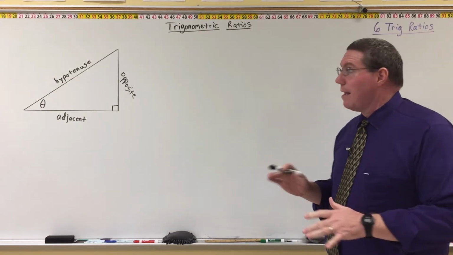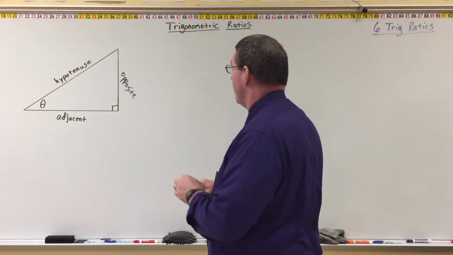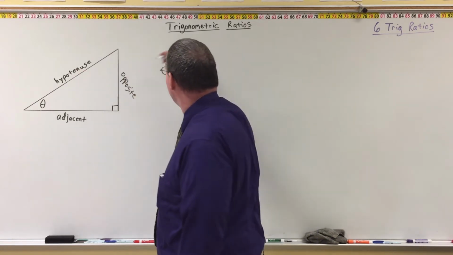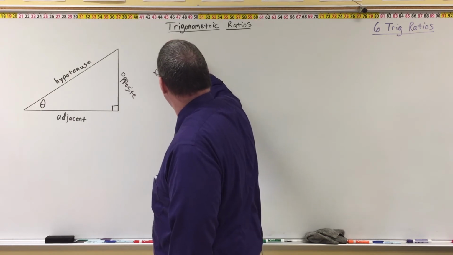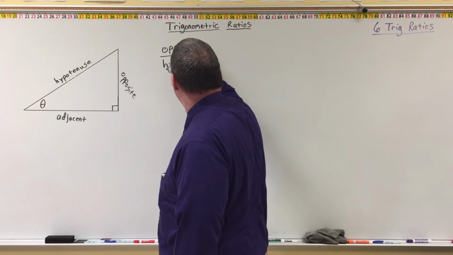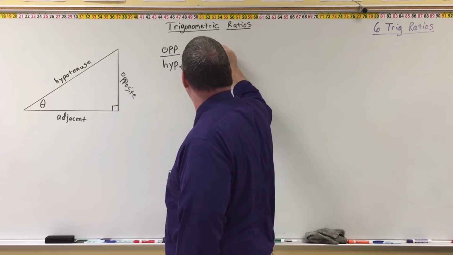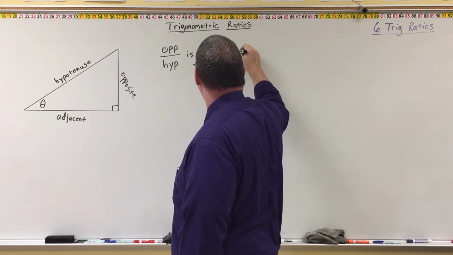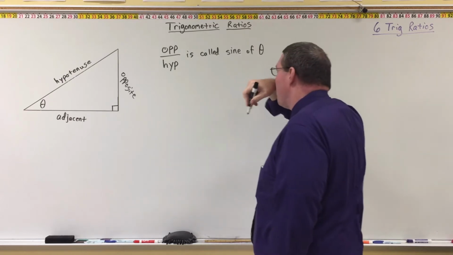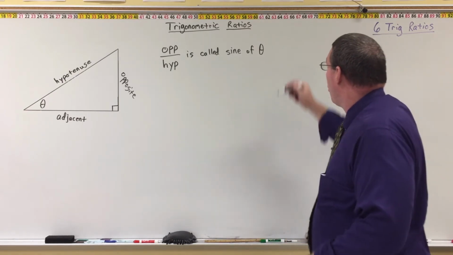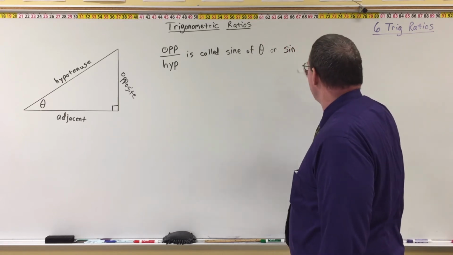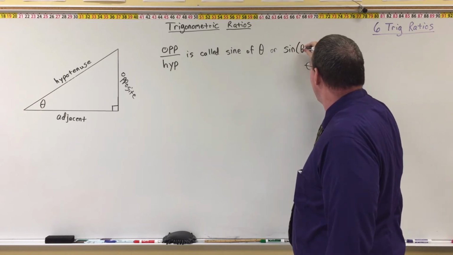All right, so let's name these 6 trigonometric ratios, okay? The first one we're going to talk about is opposite over hypotenuse. So we're going to put OPP over HYP. Opposite over hypotenuse is called the sine, S-I-N-E, the sine of theta. Or another way of writing it is with these 3-letter abbreviations, S-I-N parentheses theta, okay?